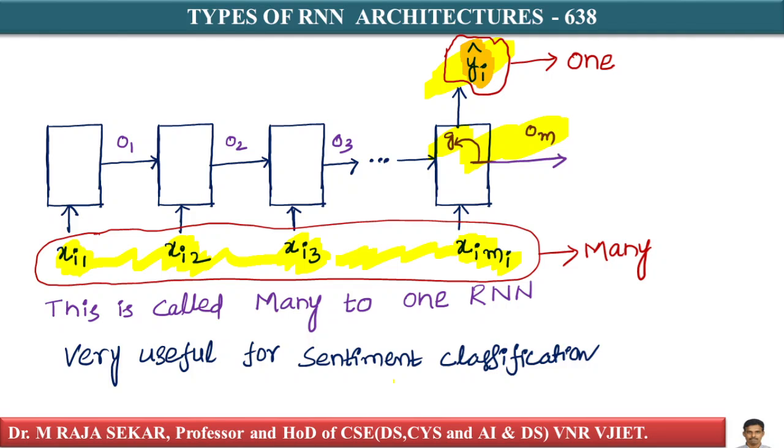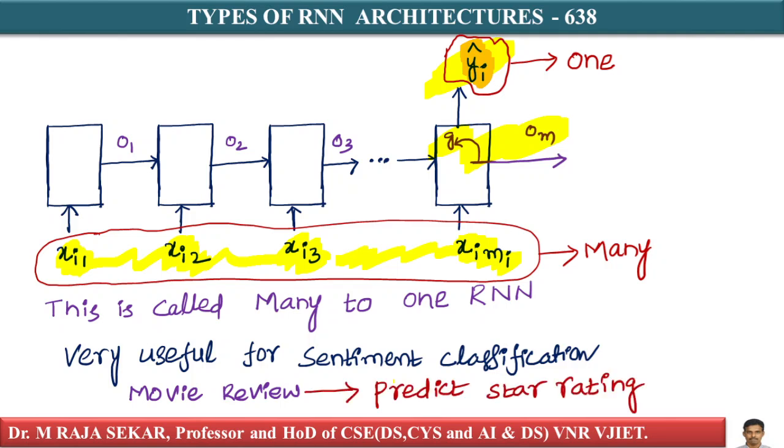This is one example. The second example is, imagine I am given a movie review and I want to predict the star rating of this movie. In sentiment classification, my yi belongs to 0, 1, a two class classification, positive or negative review.